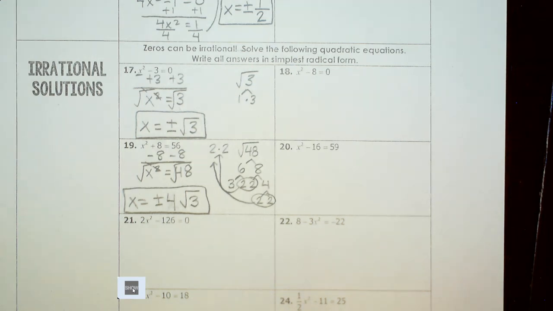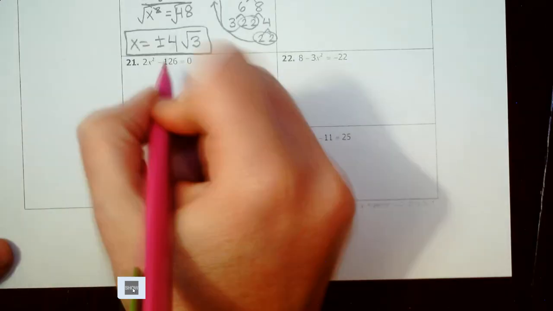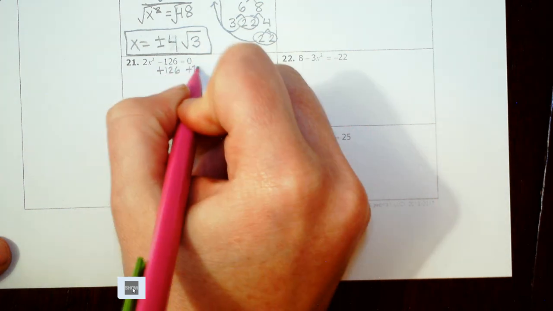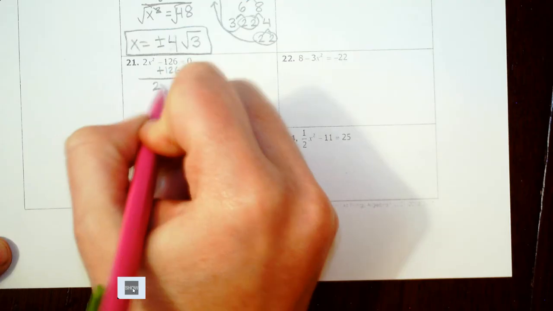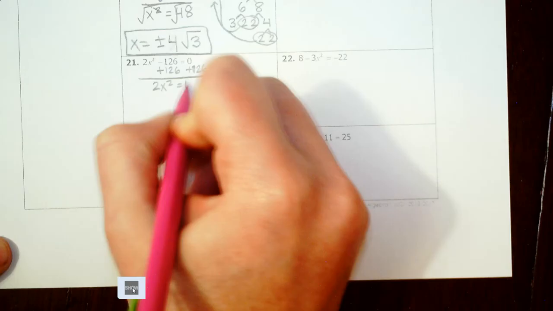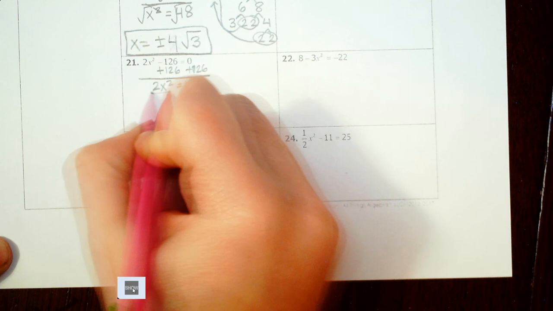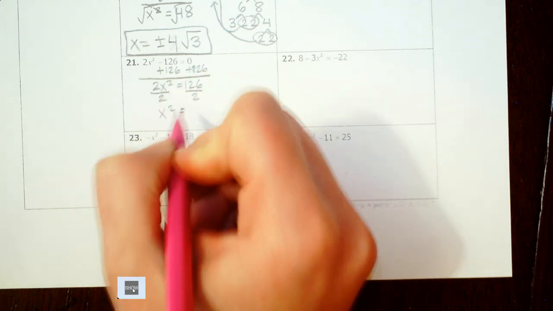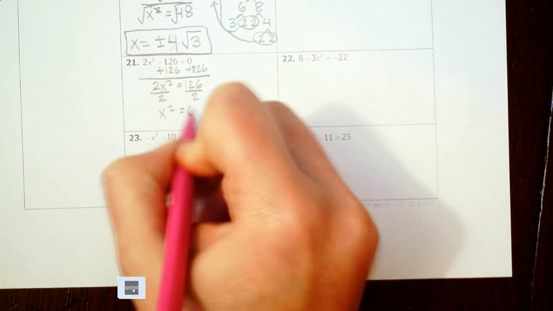All right, let's do one more like this. 21. So I'm going to add 126. 2x squared equals 126. Divide by 2. X squared equals 63.